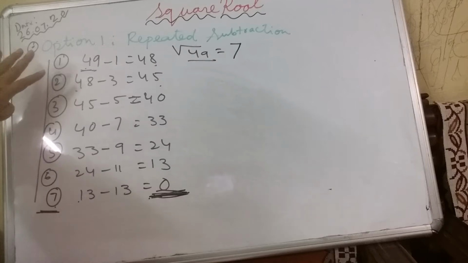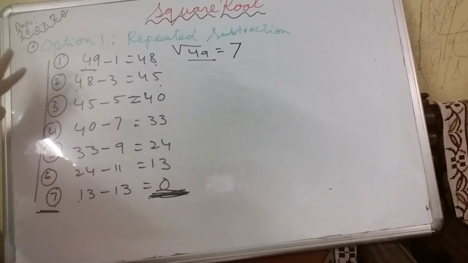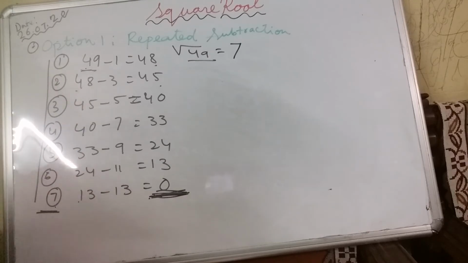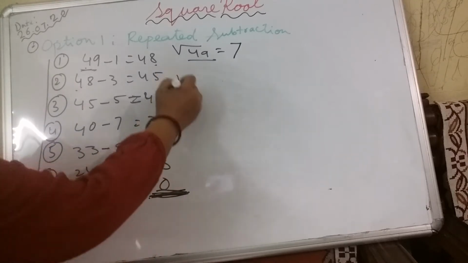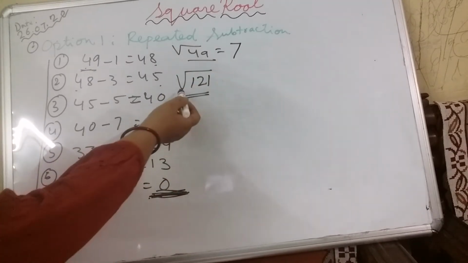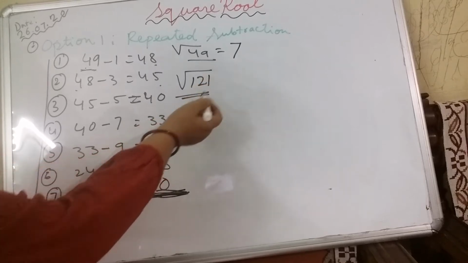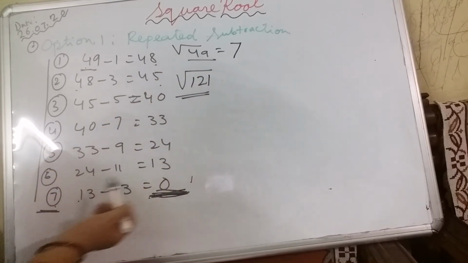But you can see this method is not very feasible or suitable for large numbers. If I ask you what will be the square root of 121, we know that the square root of 121 is 11. So 11 times you have to subtract.